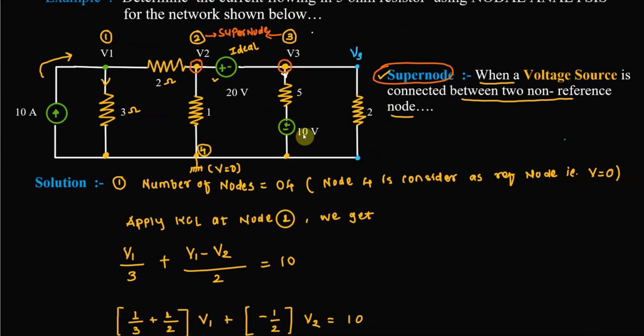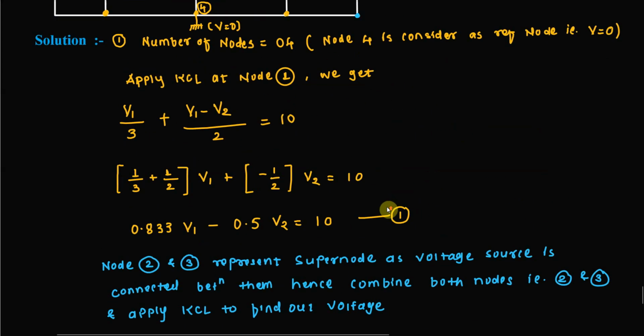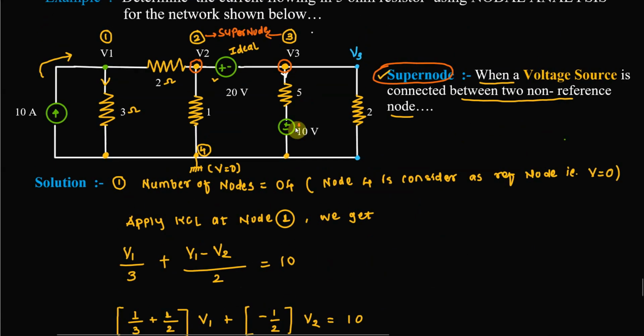And this voltage, if you follow that, it is positive negative, so minus 10. So V3 minus 10 divided by 5. Okay, so it is V3 minus 10 divided by 5, and as there is no current source, this will be equal to 0. Okay, you can see that. So this is voltage V3, and at this point the voltage is, you can see the negative plate is connected, so minus 10 and divided by resistance.